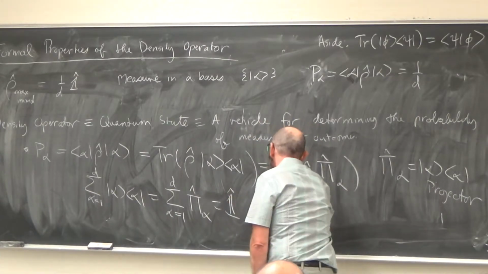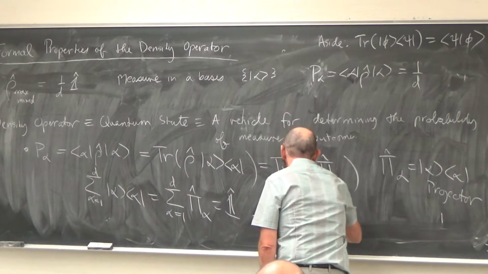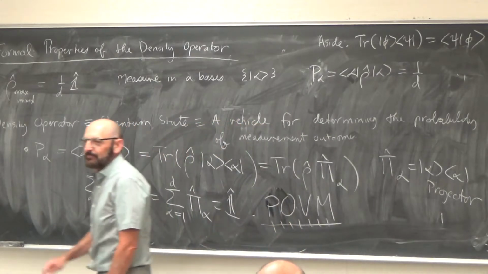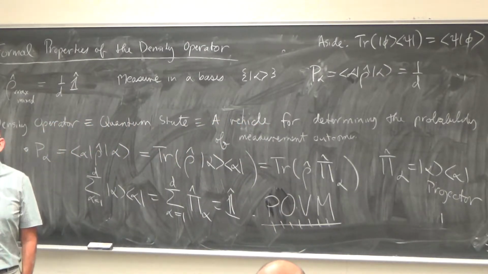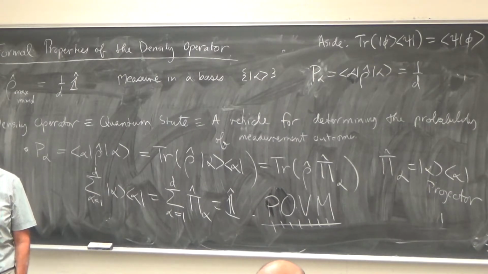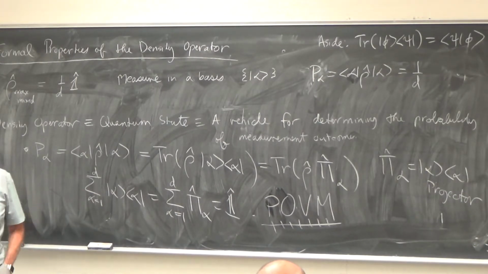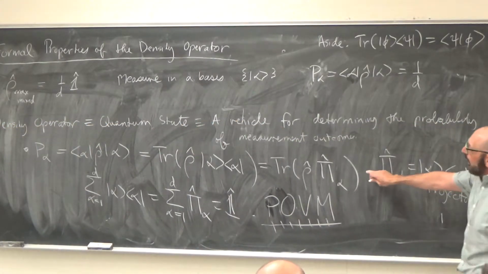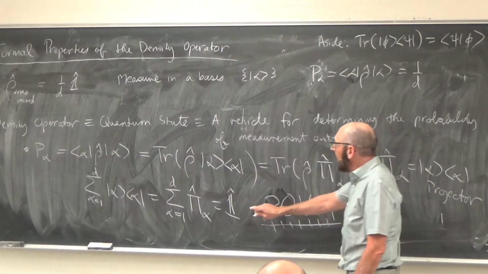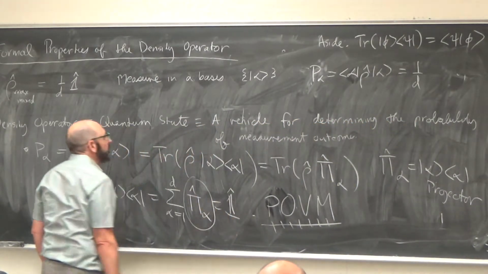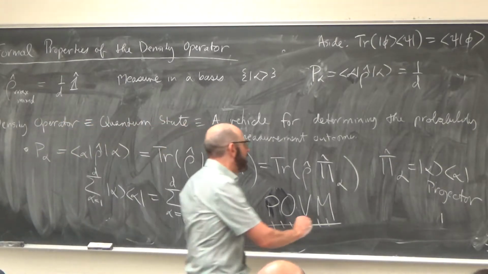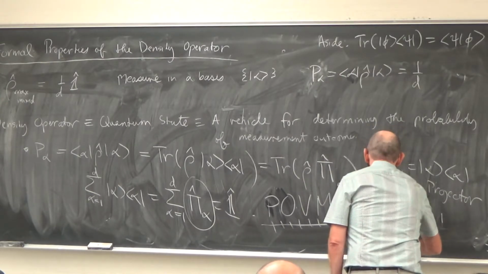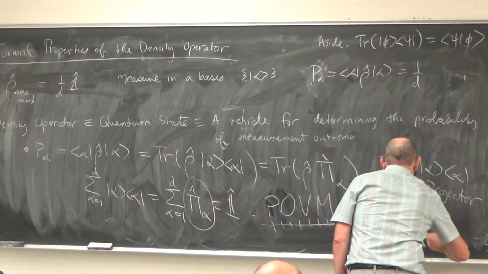This particular resolution of the identity is known as a positive operator valued measure, also known as the artist formerly known as Prince, or POVM. We don't call them positive operator valued measures anymore, we call them POVMs. This is an example of a measurement where the POVM elements are projectors, so this is an example of a projective measurement. We'll talk about more general measurements as time goes on.